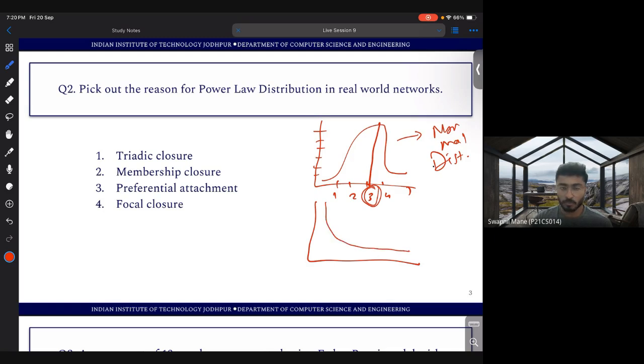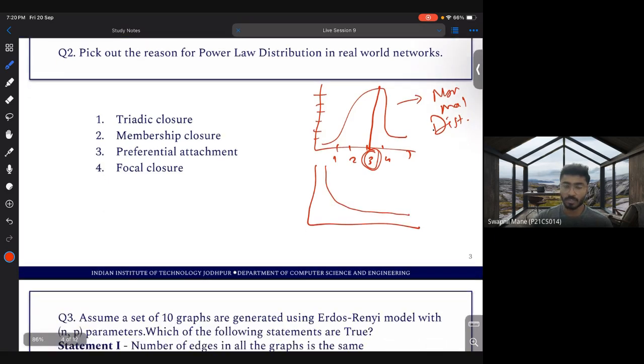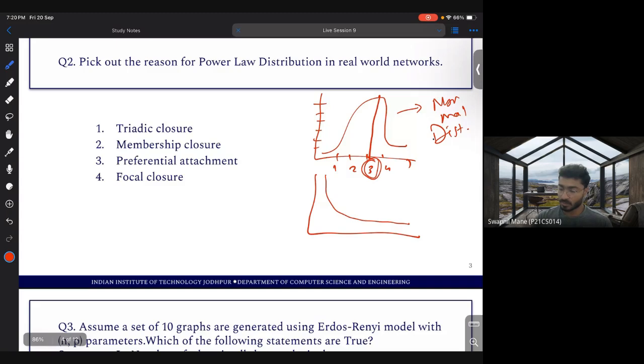The degree distribution plot is visualized this way. Here you can take the degrees as 1, 2, 3, 4, 5, 6, and here is the number of nodes, 1, 2, 3, 4, up to 1000, and 100.